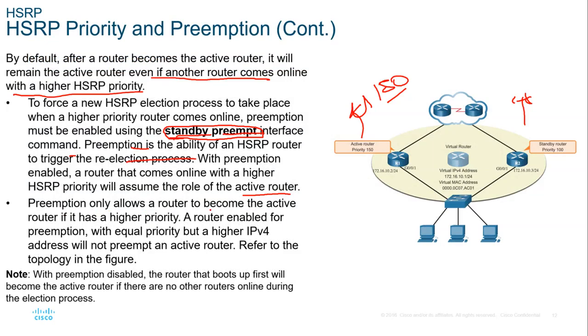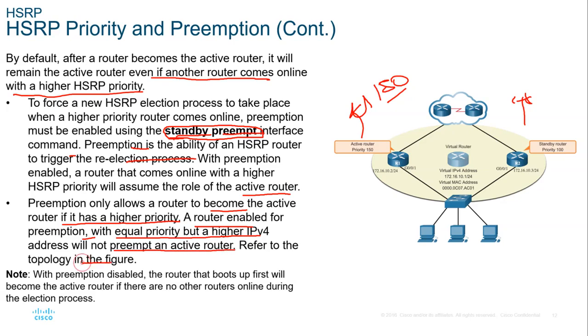Preemption only allows the router to become the active router if it has the highest priority. So a router enabled for preemption with equal priority but higher IP address will not preempt an active.